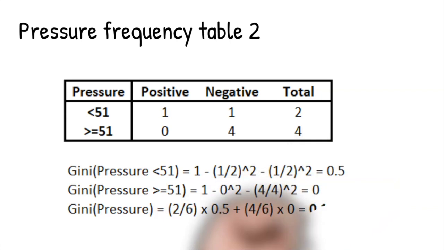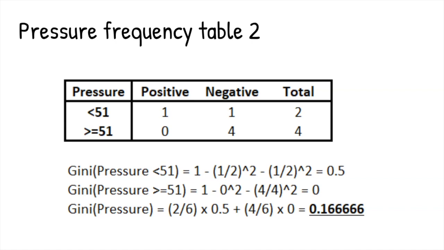Our next variable is pressure. And again, let's take a look at our frequency table. We are splitting pressure at 51. So in the first group, below 51, we have one positive and one negative observation, total of 2. And in the group above or equal 51 pressure, we have 0 positive and 4 negative, total of 4 observations.